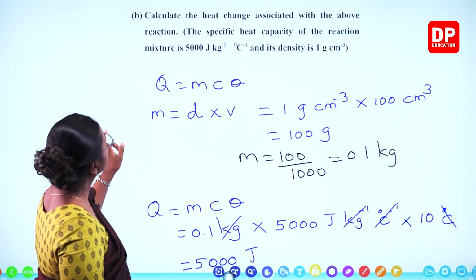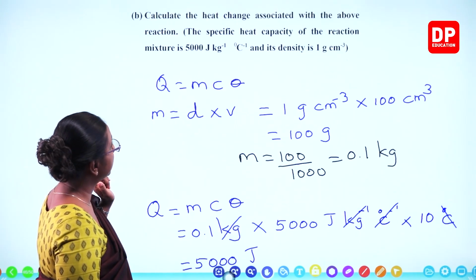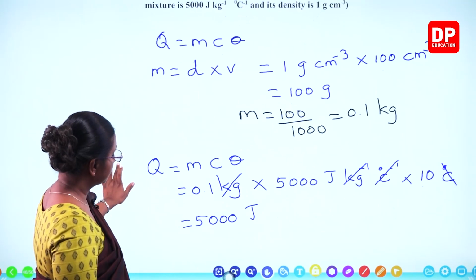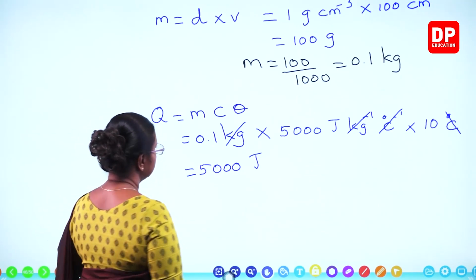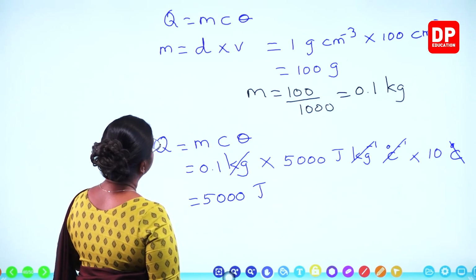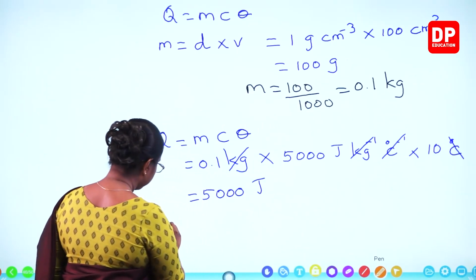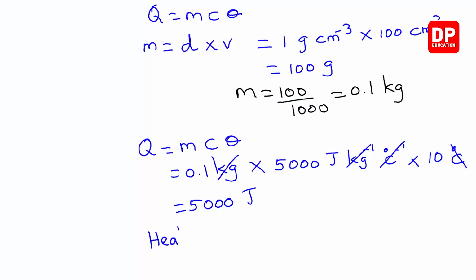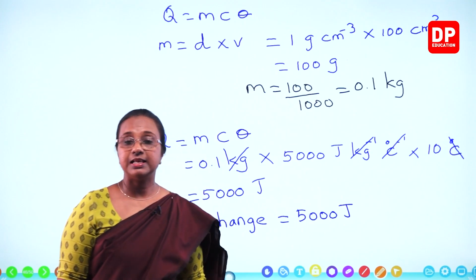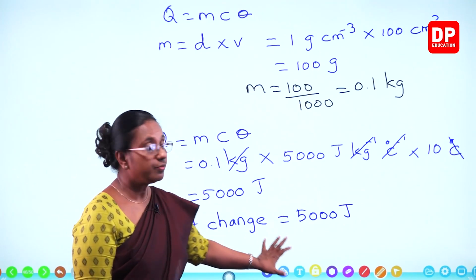So here, calculate the heat change associated with the above reaction. So heat change is 5000 joules. We can say heat change equals 5000 joules. Is that clear, student? So that is how we calculate.